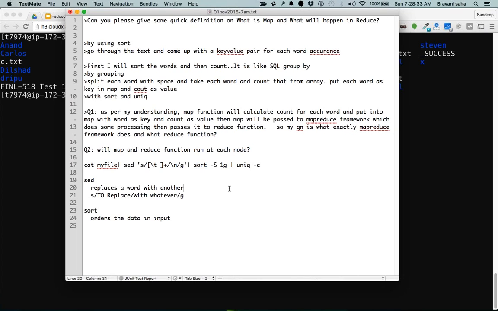Sort minus S 1G does the sorting of the input even if the data is hundreds of gigabytes, without consuming that many hundreds of gigabytes of RAM. It will only consume 1 gigabyte of RAM. Minus capital S 1G means it will only consume 1 gigabyte of RAM.